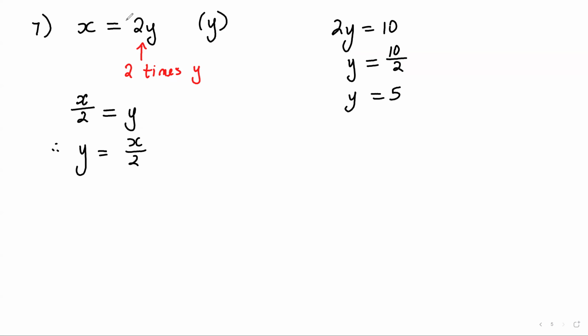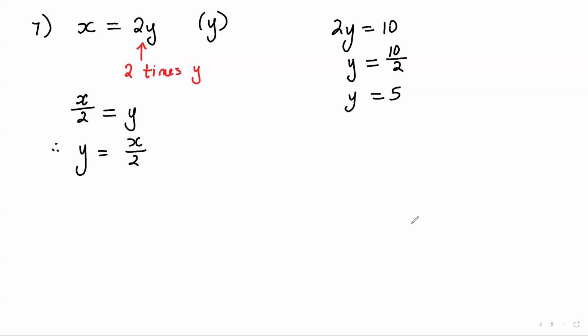When you have a coefficient, to get rid of it in any term with a variable, you divide by that coefficient. If I had 3y, I'd divide by 3. If I had negative 6a, I would divide by negative 6.